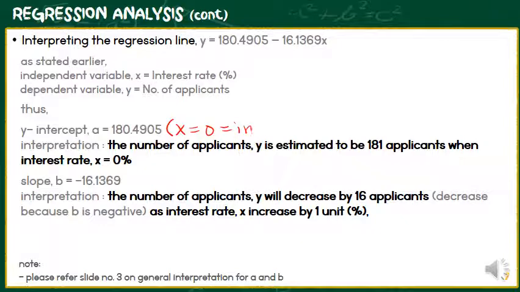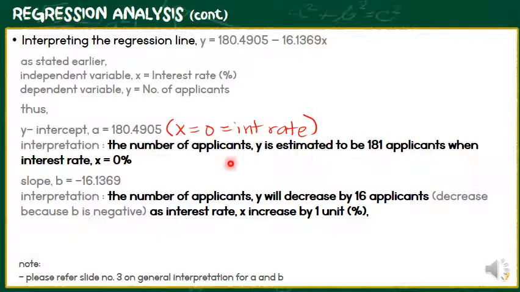Interest rate. So, the number of applicants, okay, number of applicant tadi, your dependent variable Y, is estimated to be 181 applicants when interest rate = 0. Kenapa 181? Bila interpretation, bilangan applicants tak boleh point, so saya bundarkan 181, approximately, estimated to be.